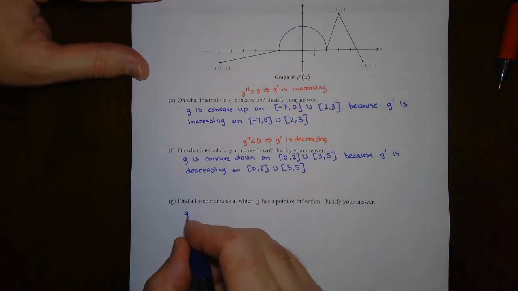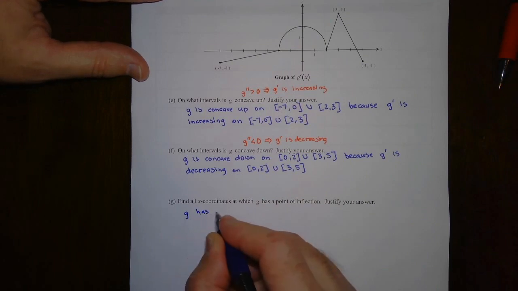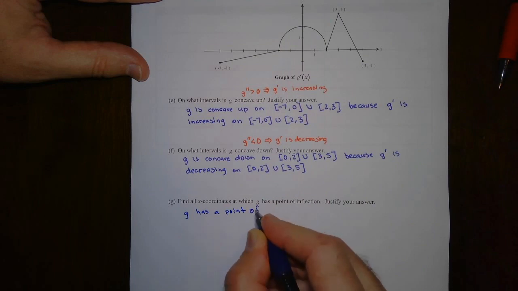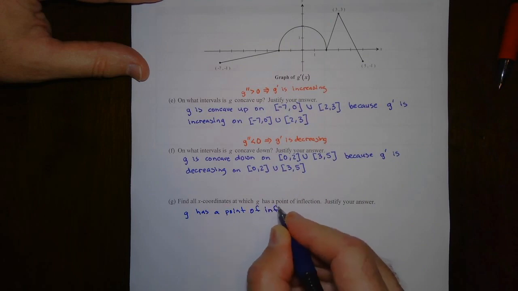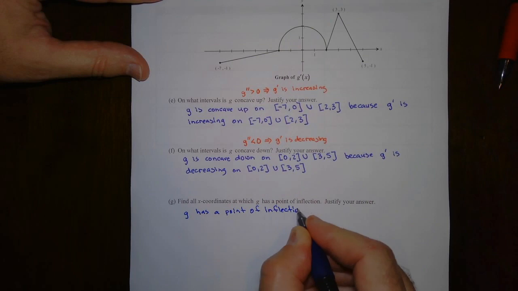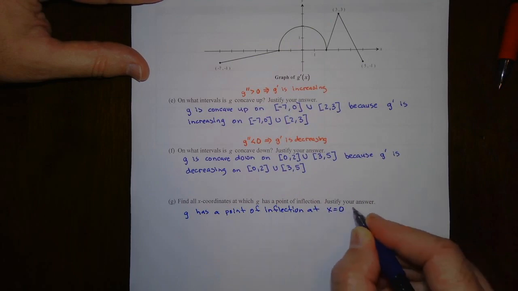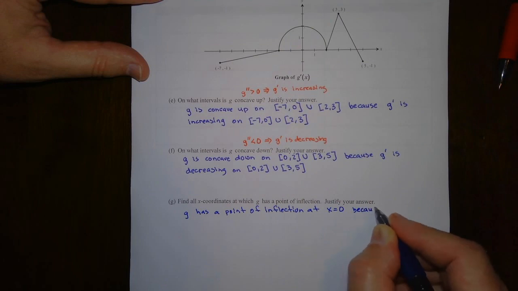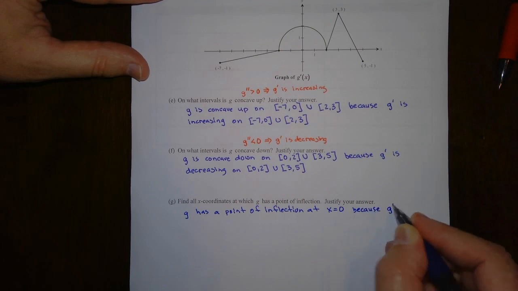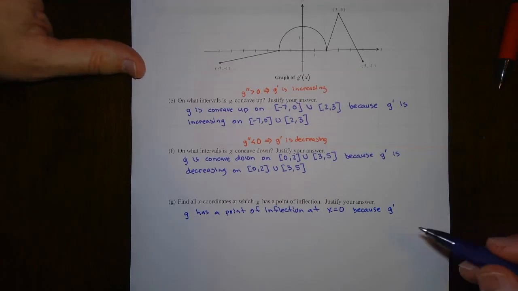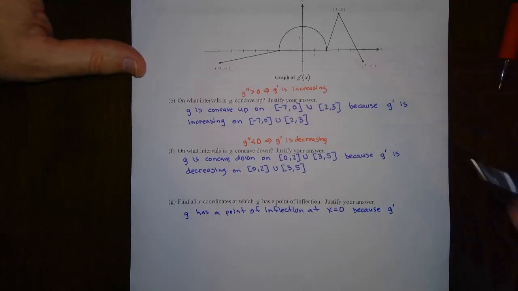So g has a point of inflection at x equals 0 because g prime, again, everything has to be the reason, the rationale, has to be in terms of g prime.